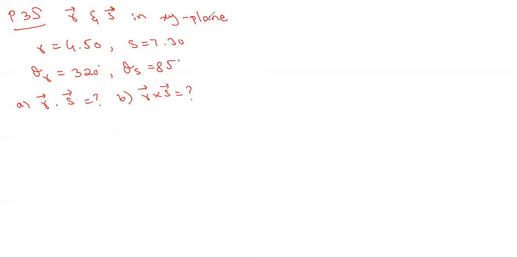Okay, so first let's draw the vectors. This can be vector r with this angle theta r. This can be vector s. So this angle is 320 degree and it will be in the fourth quadrant.